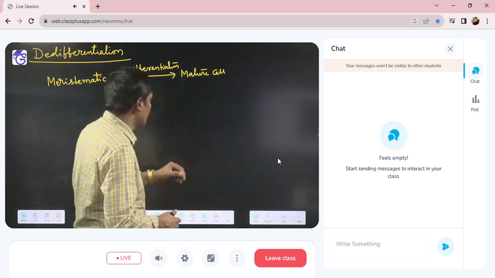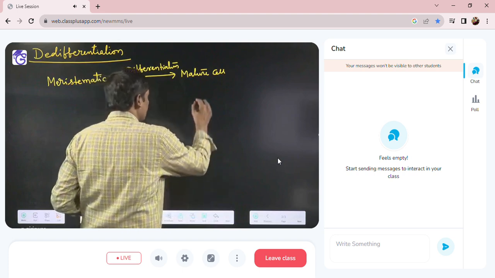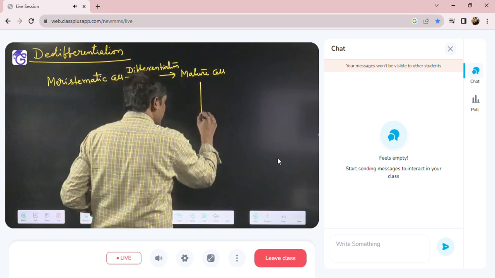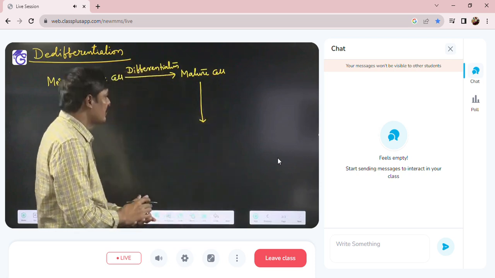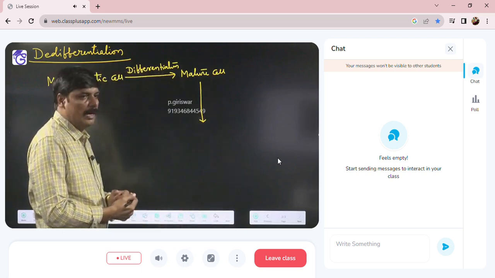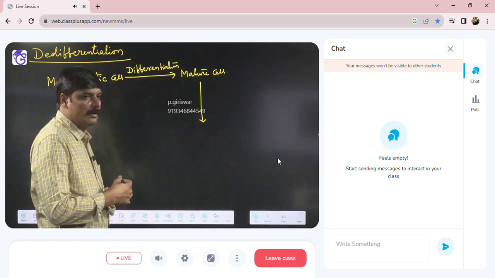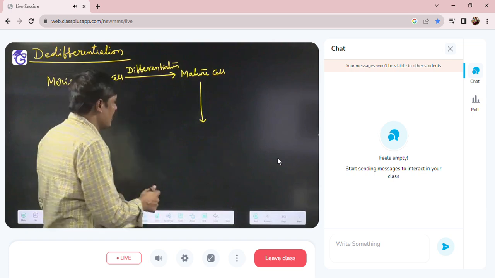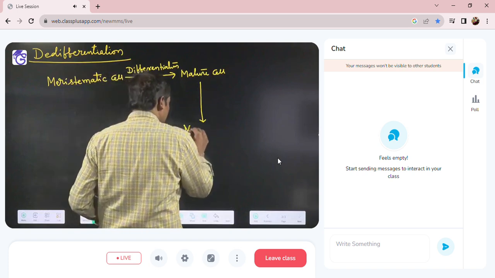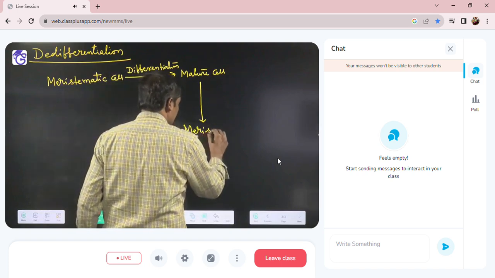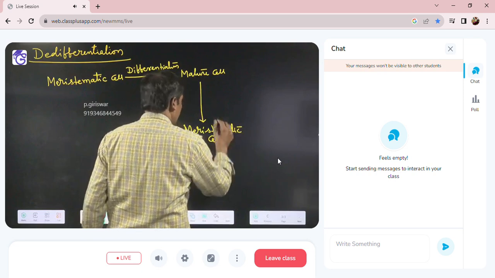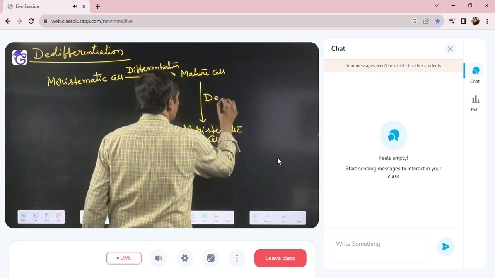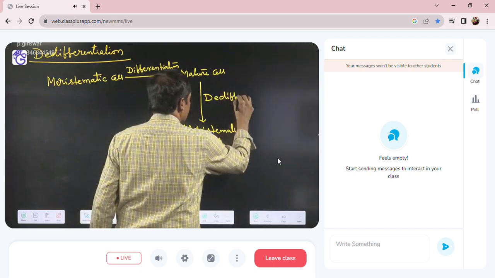Then only the cell again differentiates and forms another cell, that is, a meristematic cell. This is called de-differentiation.